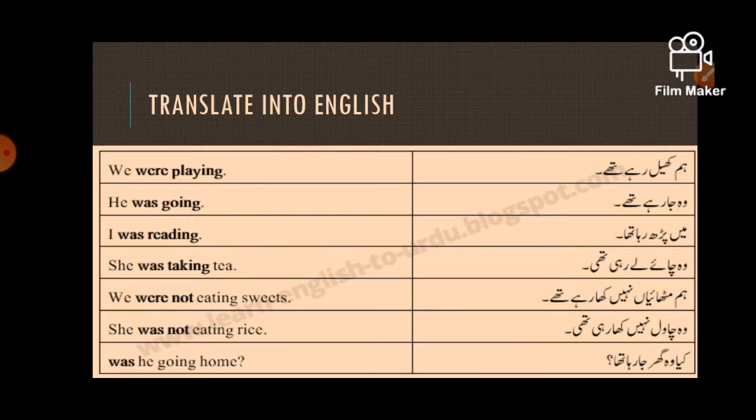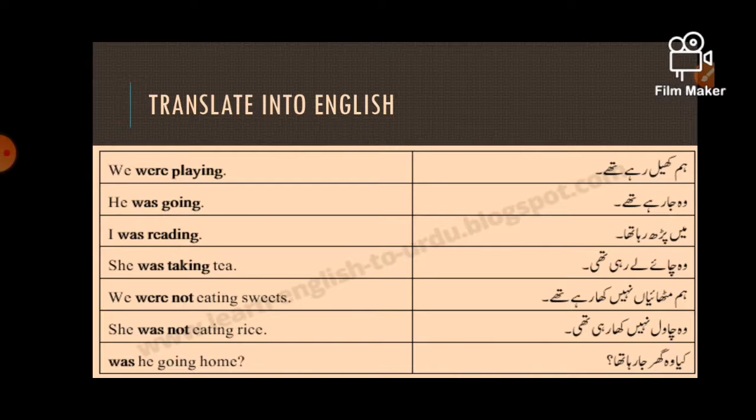It's subject plus was and were plus V1 ing. In all continuous tenses, we use the present participle, that is V1 ing, and an auxiliary verb. That's what I always said, that it is a very simple and easy structure of all continuous tenses.